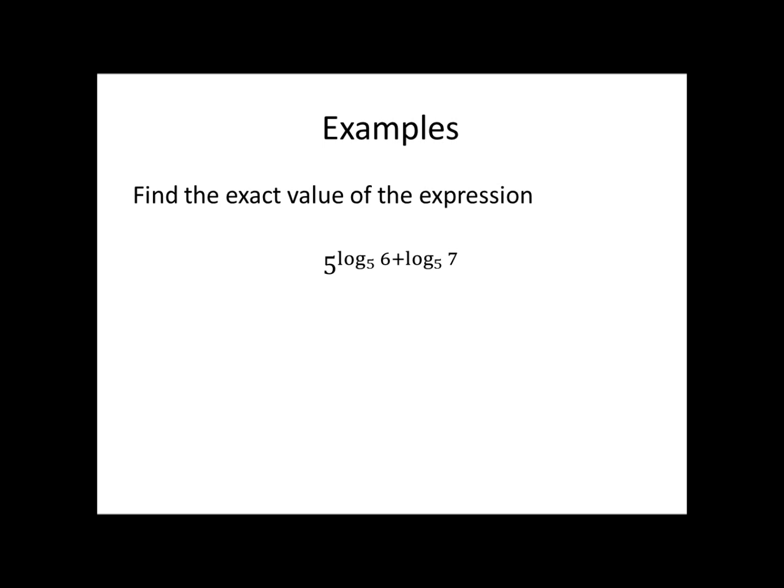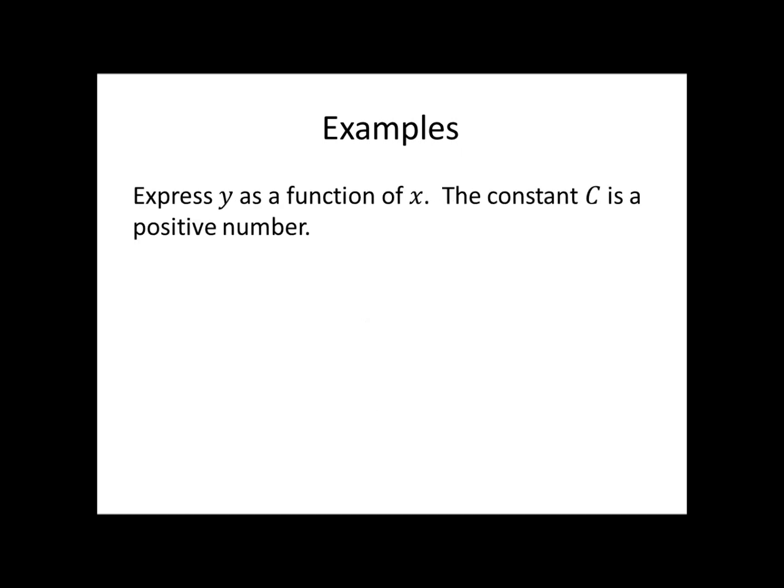And the way I do that is I multiply the 6 and the 7. So I have 5 raised to the power of log base 5 of 42. Now that it's a single logarithm, the base matches the base number. They cancel out, and it's just a plain old 42. Alright, moving on.